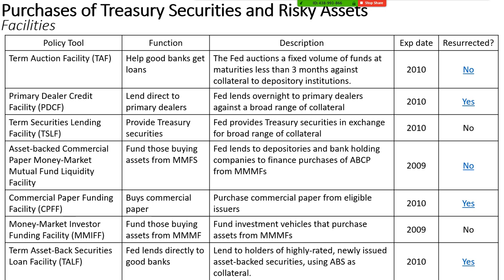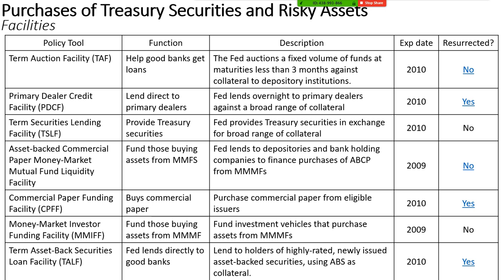So then you have other facilities that lend indirectly. For instance, the money market investor funding facility, a mouthful here, funds another institution, or what's called a special purpose vehicle, to lend out to money market mutual funds.